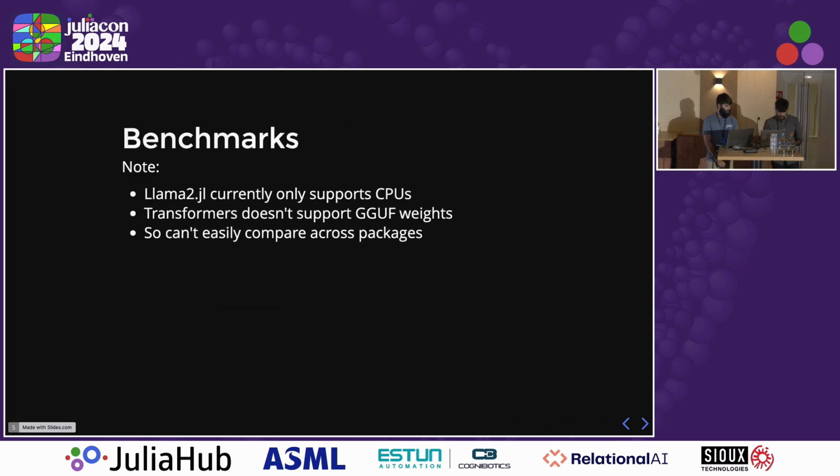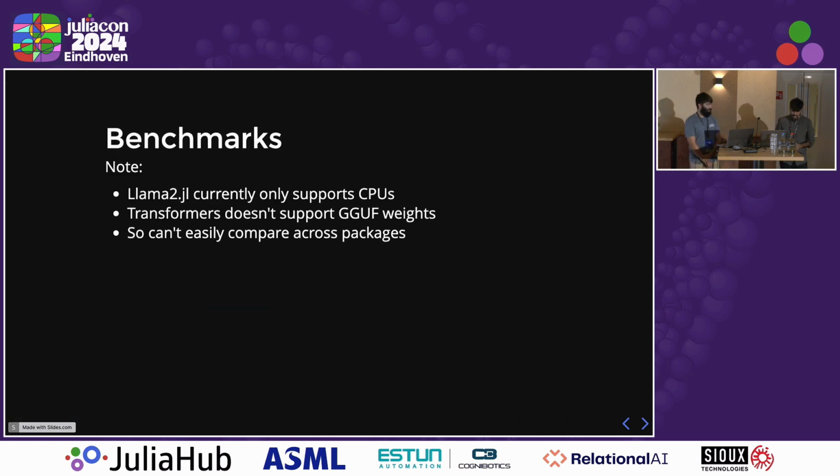So let's talk a little bit about the benchmarks. As I said earlier, Llama 2 currently only supports CPUs. Transformers unfortunately doesn't have support for the GGUF weights that we're going to be testing with, so it wouldn't be a fair comparison. And so it's really hard for us to compare across packages.